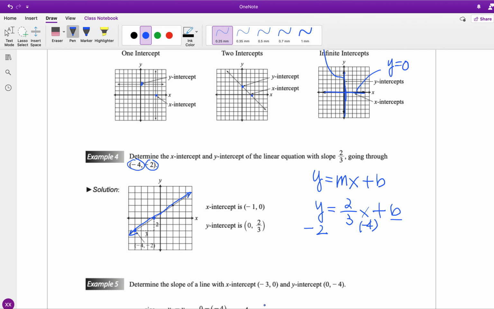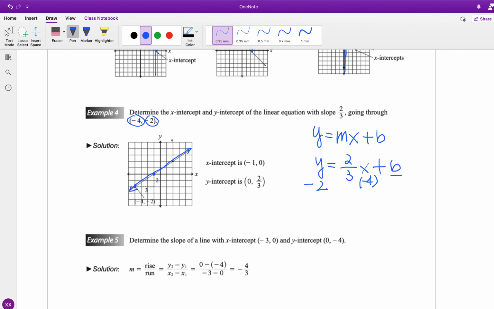See that? So therefore, you just solve for b. On this side, you have -2. And on this side is 2 over 3 multiplied by -4, plus b. Okay, so move this to the other side because you cannot cancel anything, which is sad.